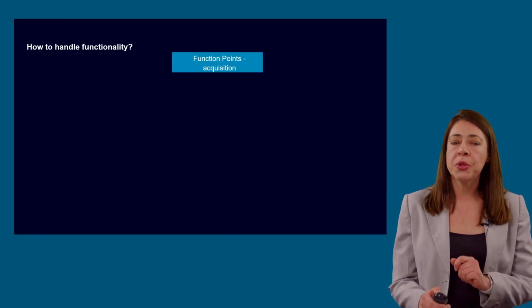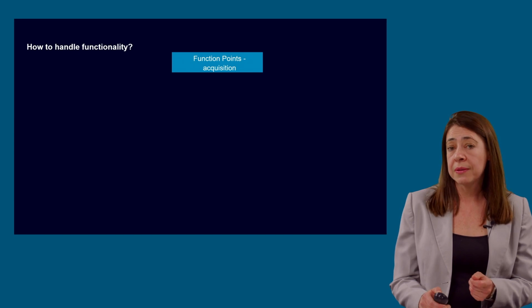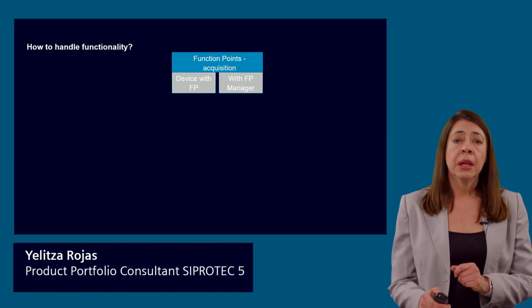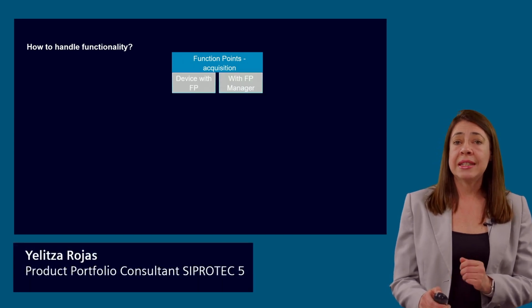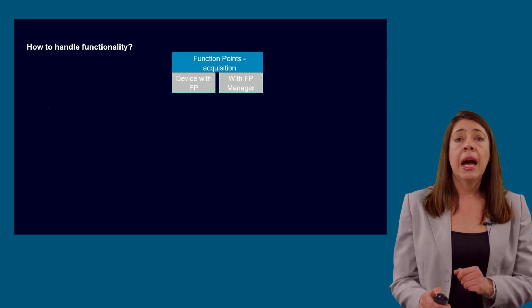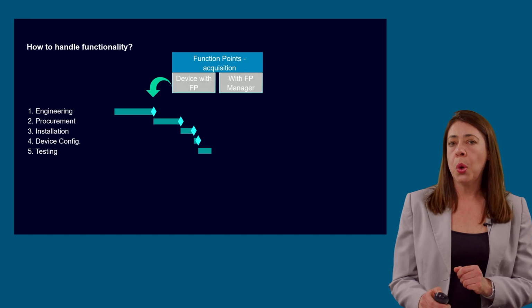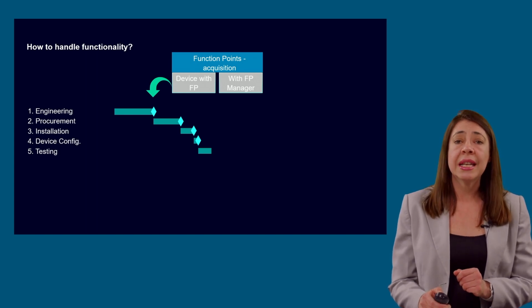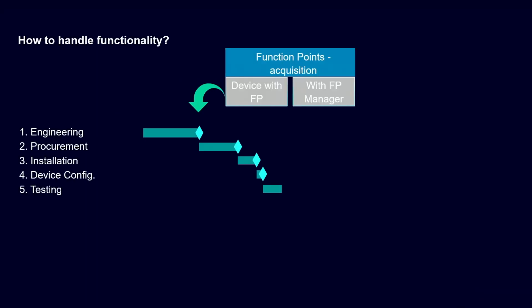There are 2 options to add function points. The first one, the device is directly ordered with function points. And the second one, the device is ordered without function points and they are added later on using the Function Points Manager.